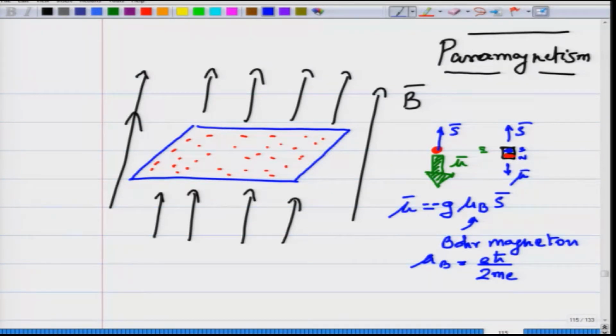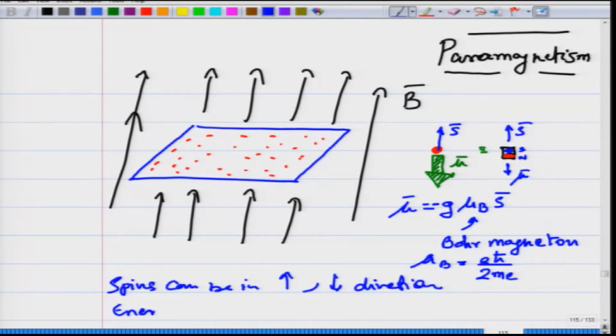So, each electron in the metal is like a small bar magnet which you have placed in a magnetic field, and there are both types of spins, up and down. And what is the energy of an electron in a magnetic field?